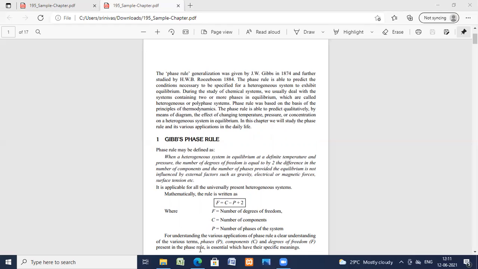So F plus P is equal to C plus 2, or F is equal to C minus P plus 2.